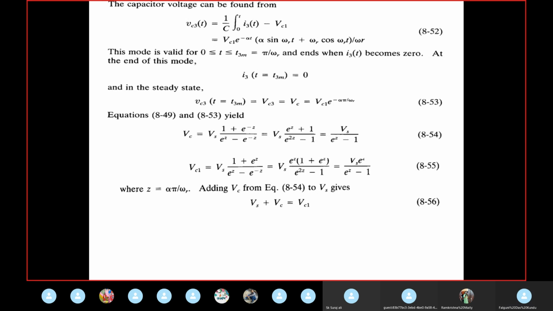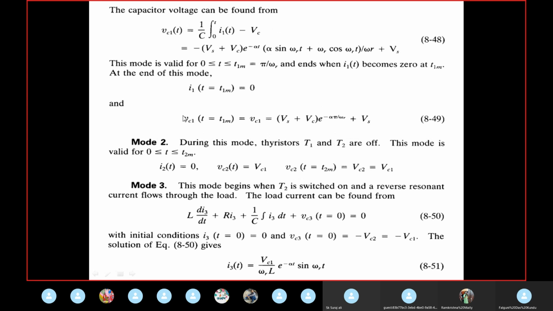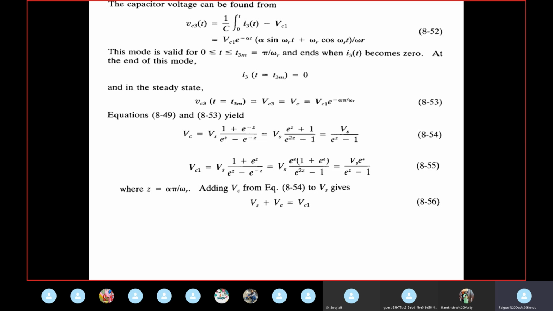Now from this equation, that is 8.49, where we get the value of Vc1, and from equation 8.53, where we get the value of Vc3, we can find the value of Vc and Vc1, okay?